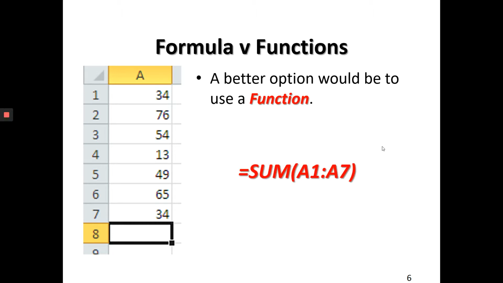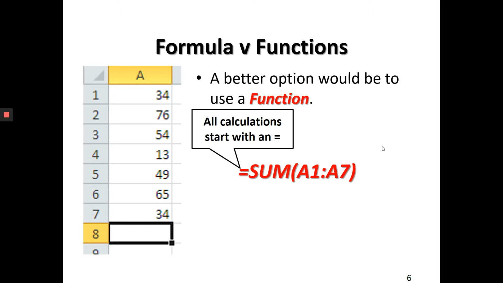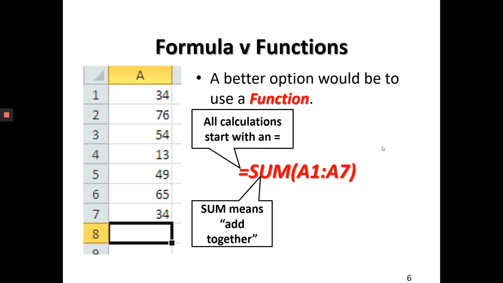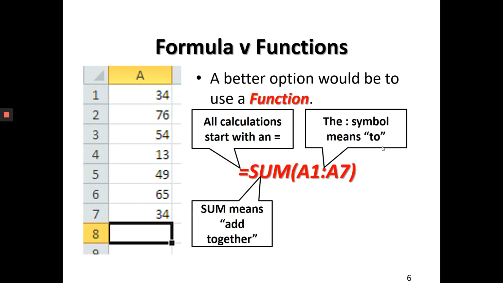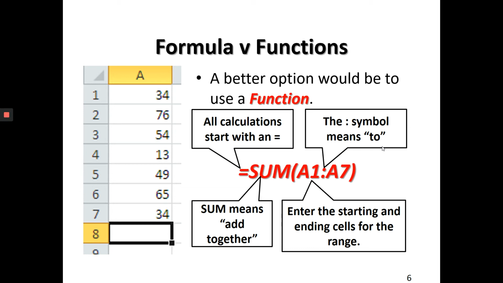This is an example of a function we use to add up. It starts with equals, as all calculations do. Then comes the function name. And then within brackets, you have what we call a range. So all calculations start with equals. Sum means to add up in this case. Then the colon means "to". So in this case, A1 to A7.